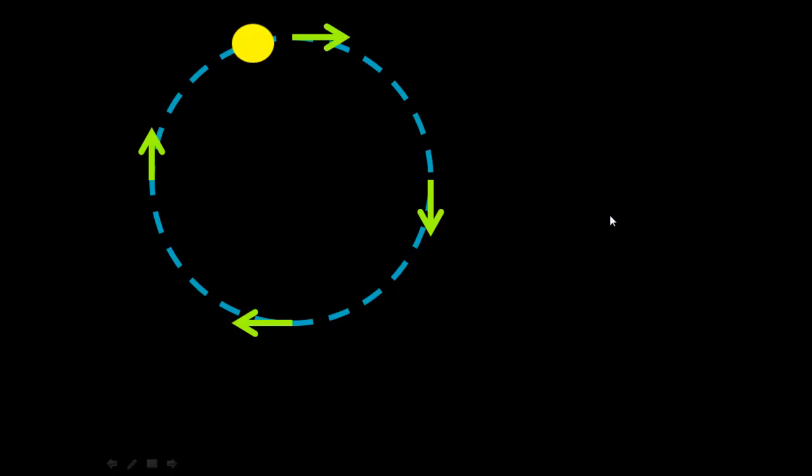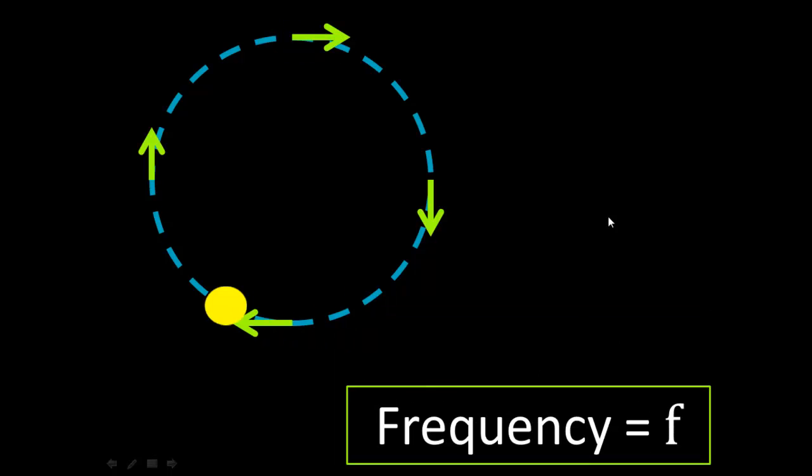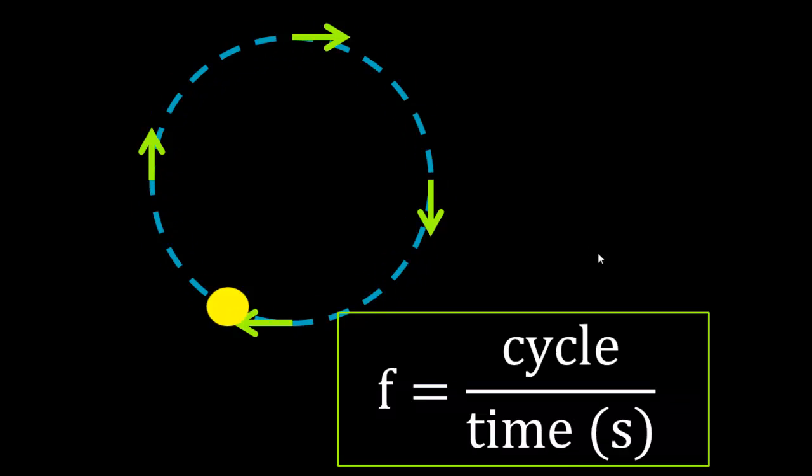A related concept is frequency. And frequency we represent with this lowercase f, and it is how many cycles happen in a certain amount of time. And I've animated this circular motion of this ball on the screen so that it will complete one full cycle every 4 seconds.